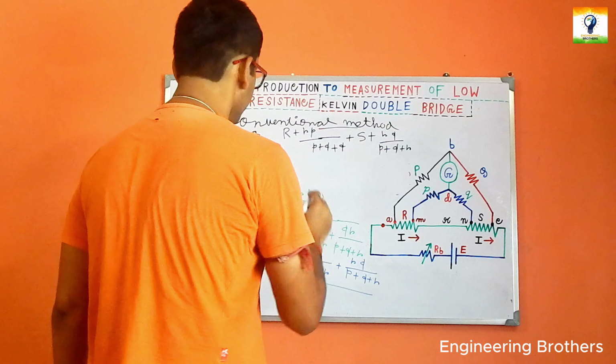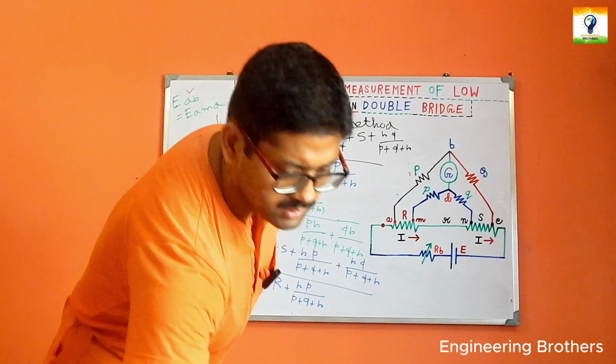So we have separated that portion for your advantage factor over here, which is r plus small r small p divided by small p small q plus small r. Now we should follow up the ratio.